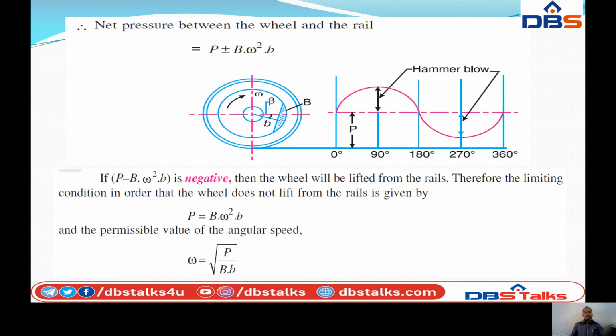And due to the unbalanced force along the perpendicular to the line of stroke, that is hammer blow. So with that we are concluding the equations to find the hammer blow, swaying couple and tractive force. Okay, in the next class we will solve some problems based on these contents.